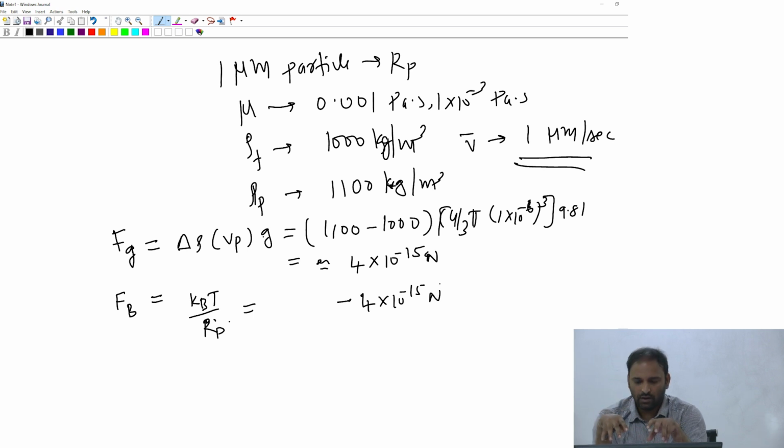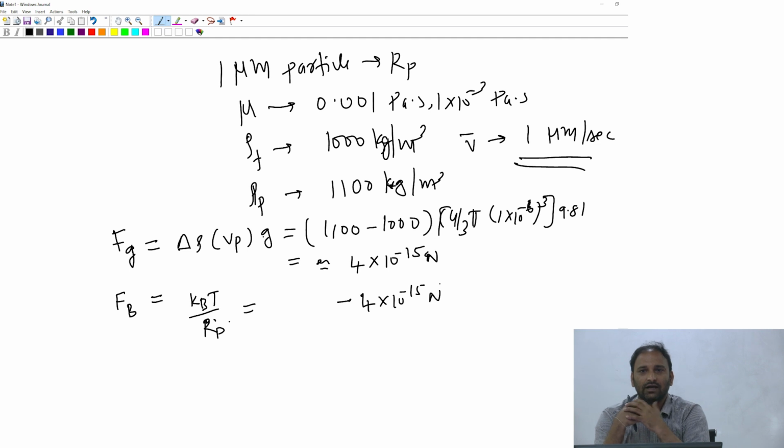Now, what I can say from this calculation is that if you have a particle of 1 micrometer radius immersed in water, and the density difference is about 100 kg per meter cube, it turns out that your Fg and Fb are comparable. Now, what happens if I reduce the size of the particles?